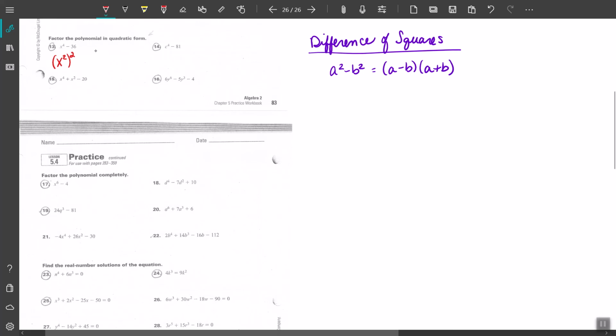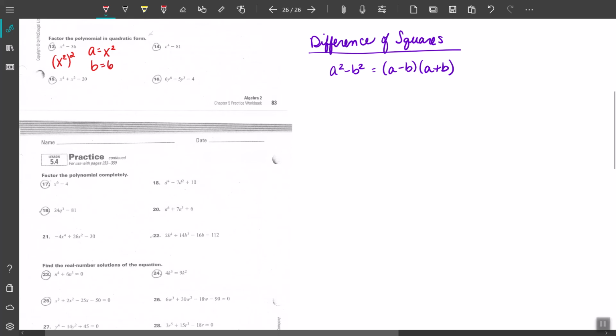All right. So that means that according to our difference of squares, and 36 is a perfect square, that's 6 squared, it follows this difference of squares pattern. Our a then is x squared, while our b is 6. And we have a subtraction sign in there.